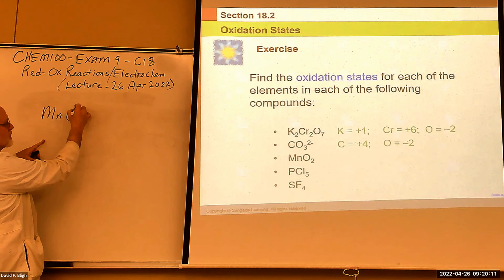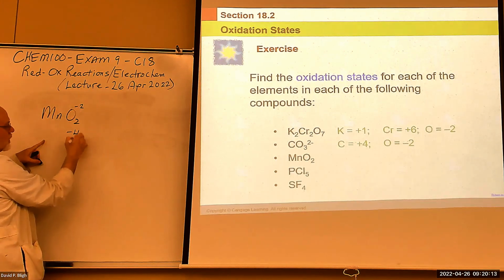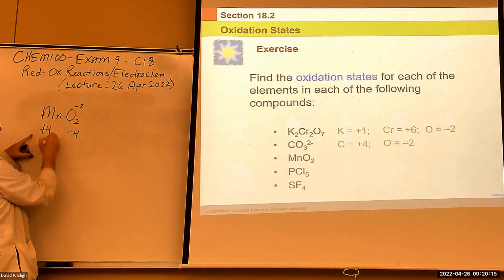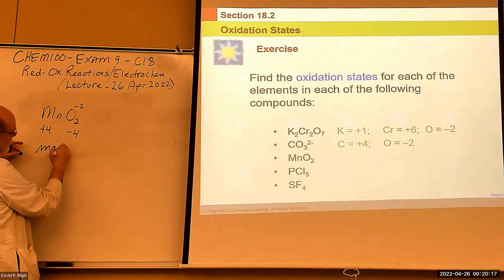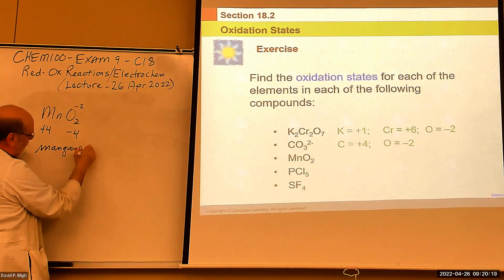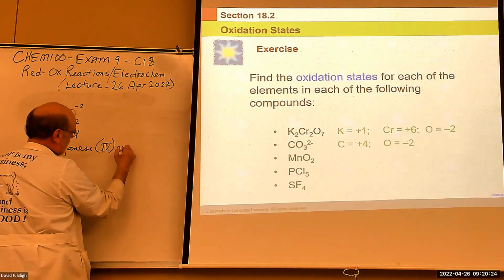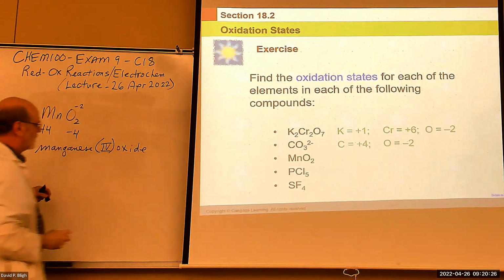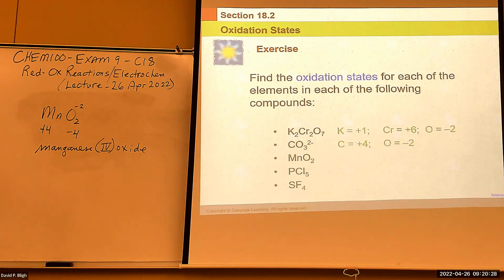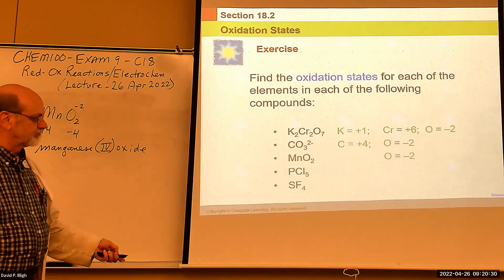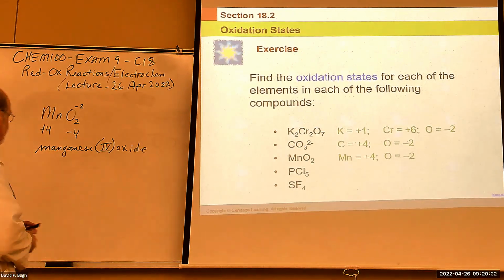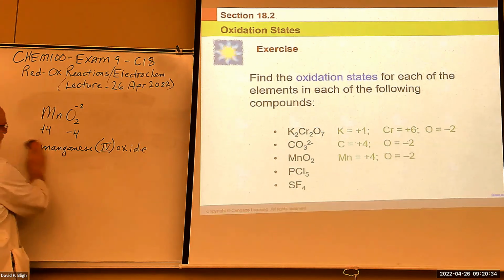So this is a -2, -4 total. That means this has to be a +4. So the name would be manganese(IV) oxide.